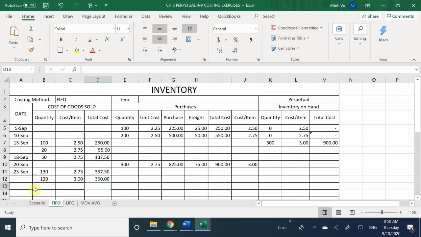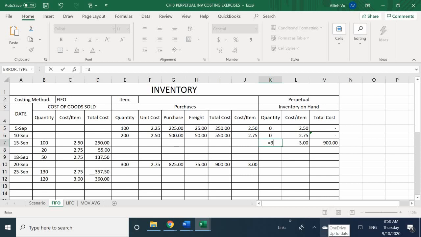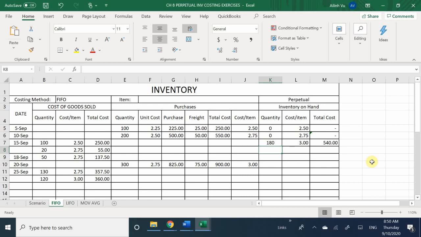So this is where I know I need to subtract 120. So I can go ahead and come here. I know I have 300. So I'm going to type in my formula, minus 120. And I should have 180 remaining at $3 each, which should give me a total of 540. Right? Okay.